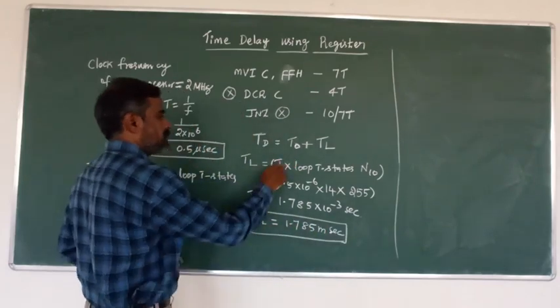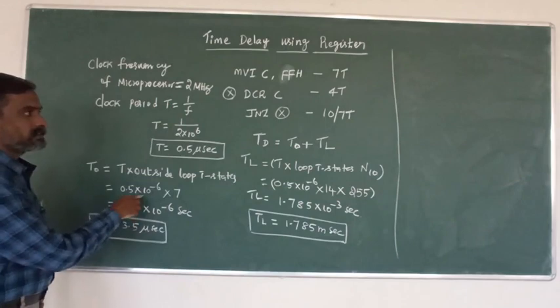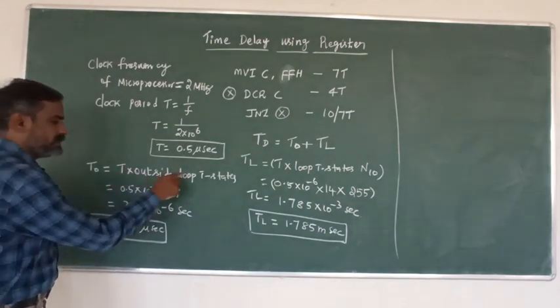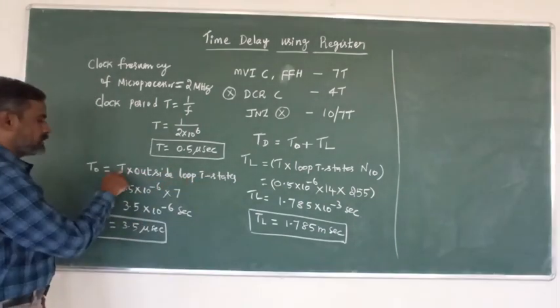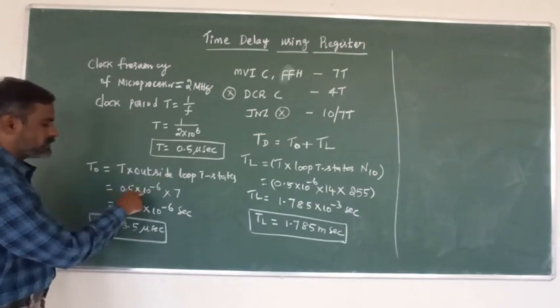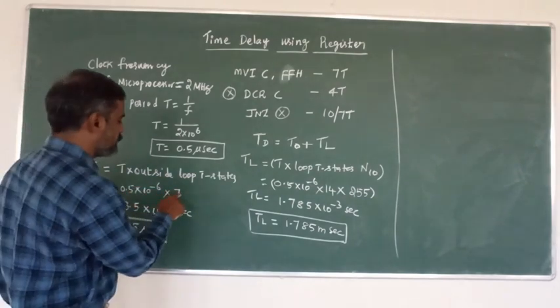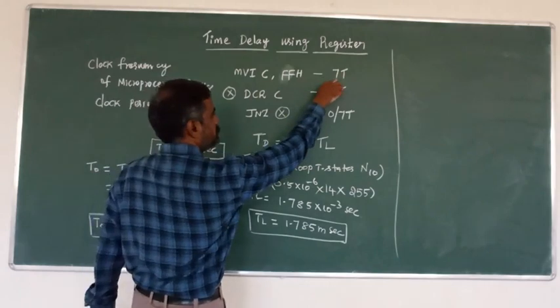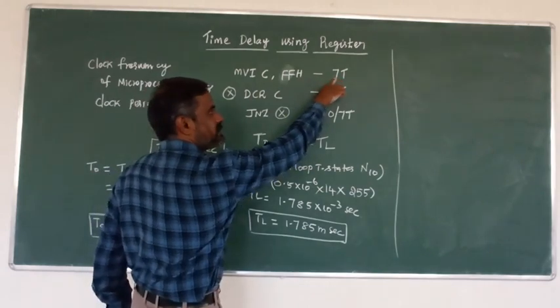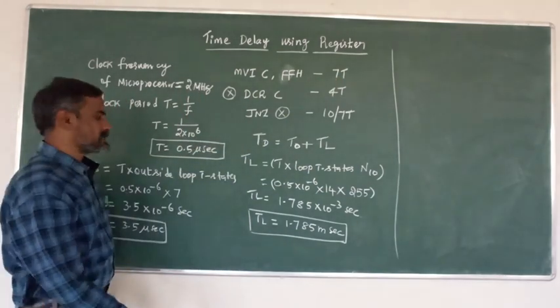And the TO value, same thing: time period into outside loop T states. Here the time period is 0.5 into 10 to the power of -6 into outside loop T states. It will not change, 7 T states.